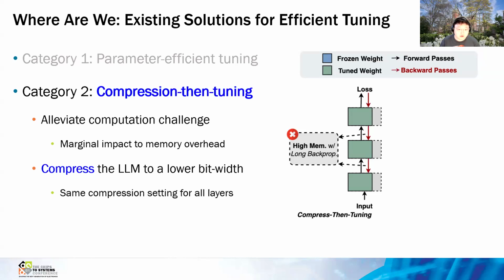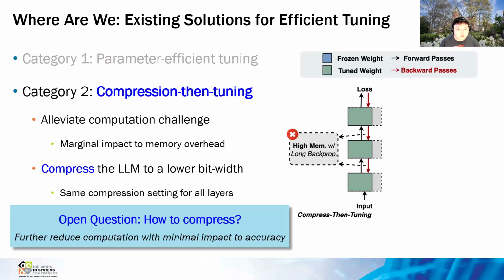Further, compressing the LLM to a lower bit width is a commonly adopted technique, where existing works always constrain the compression using the same compression setting for all layers. So an open question to answer in this category is whether it really makes sense to compress all the layers with the same compression setting. Is it possible to further reduce computation with minimal impact to accuracy?